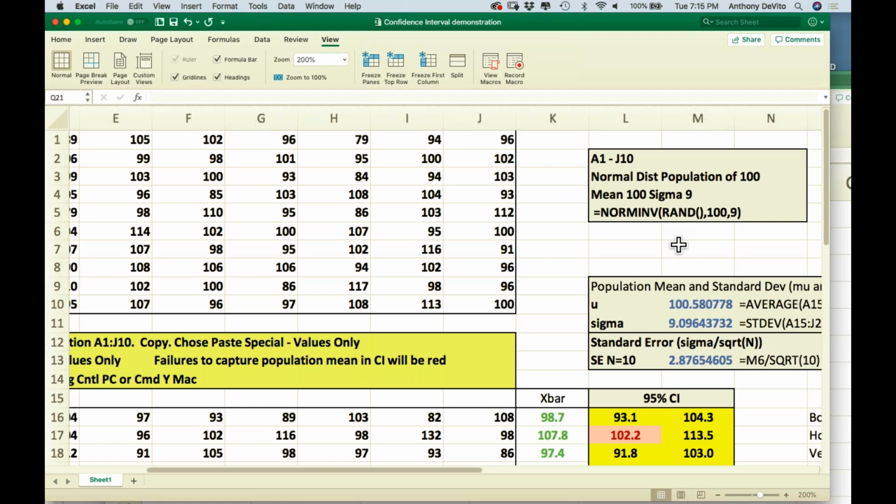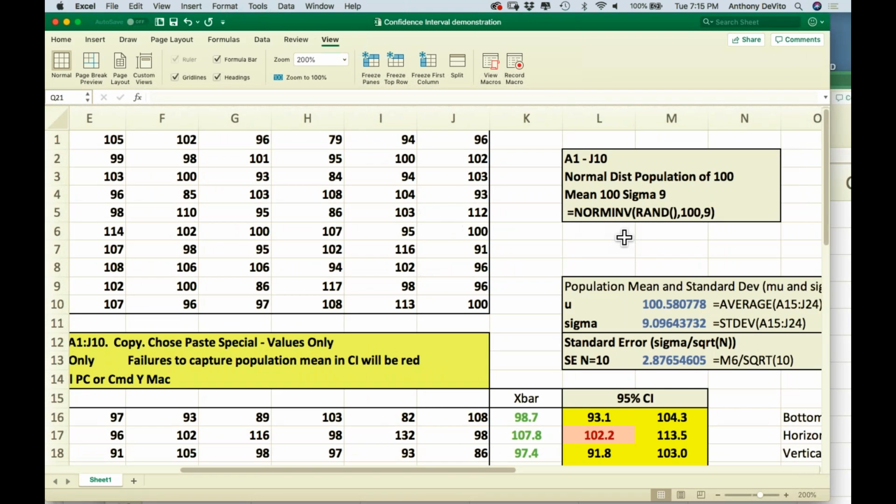So there is a function norm inverse, which I can put in, and it gives me a number that's related to a value that we can define. For instance, if the mean is 100 and the standard deviation is this, what percentage of the time would I get this value if I randomly selected something?